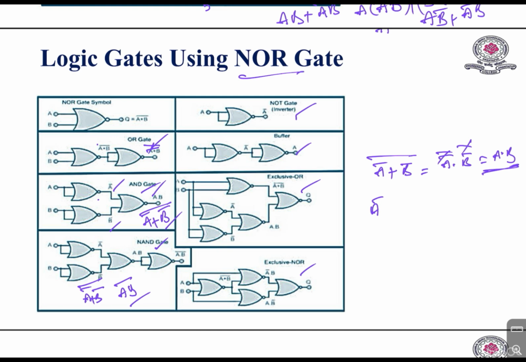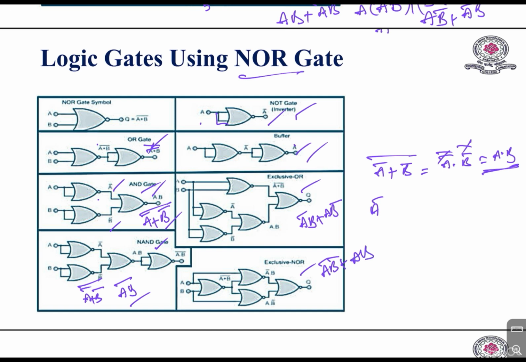So this is the NAND gate. And the NOT gate is nothing but two inputs connected to one input, so A will become A bar, and if you take one more NOR gate, A bar will become A, so that is a buffer. And XOR is nothing but A bar B plus A B bar. XNOR is nothing but A bar B bar plus A B.